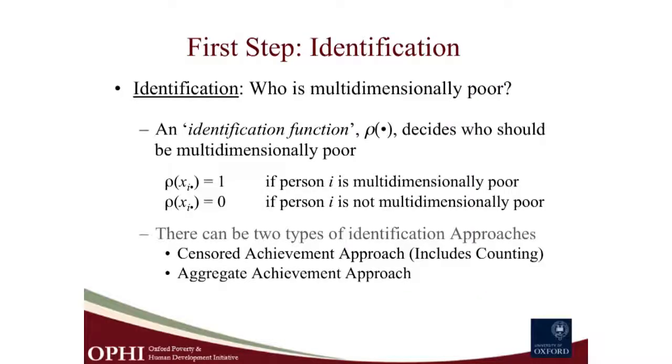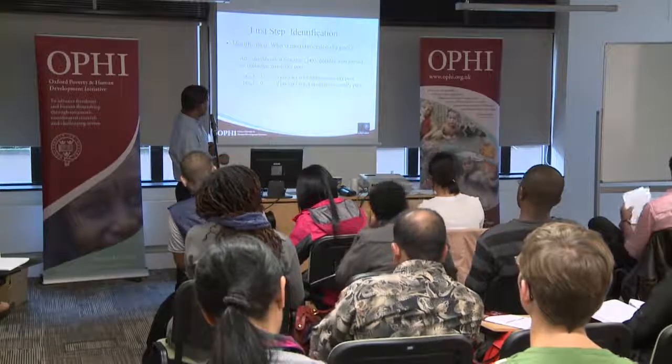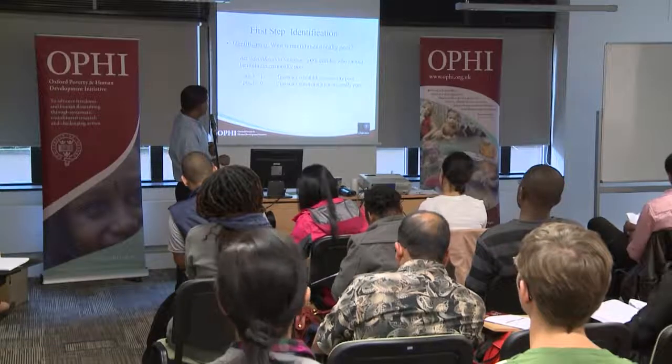So an identification function, which is denoted by rho, decides who should be multidimensionally poor or who should not be. If a person is identified as multidimensionally poor, the function takes a value of 1, and the function takes a value of 0 if non-poor.